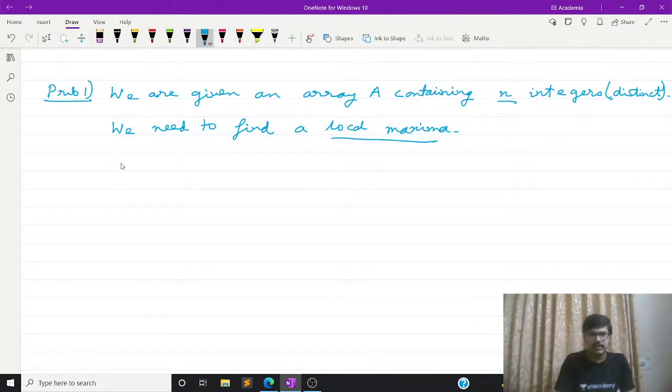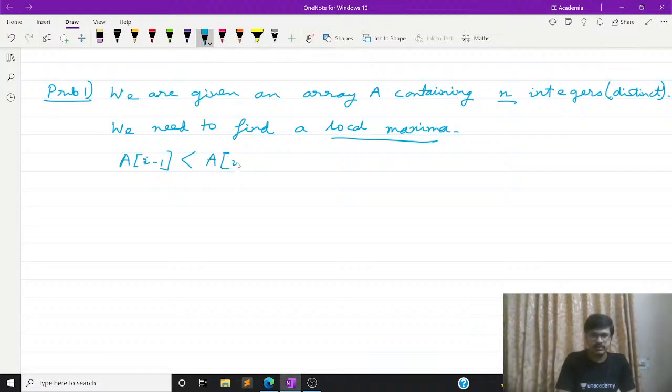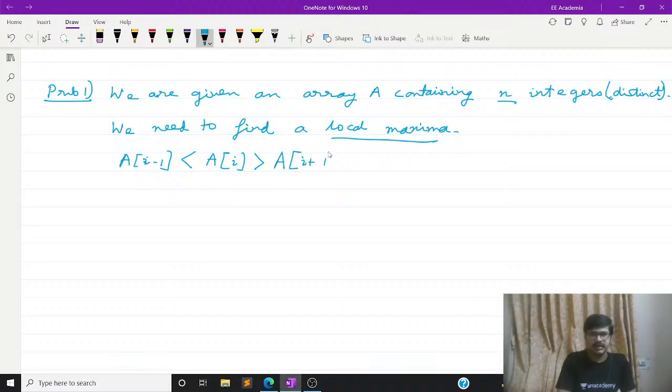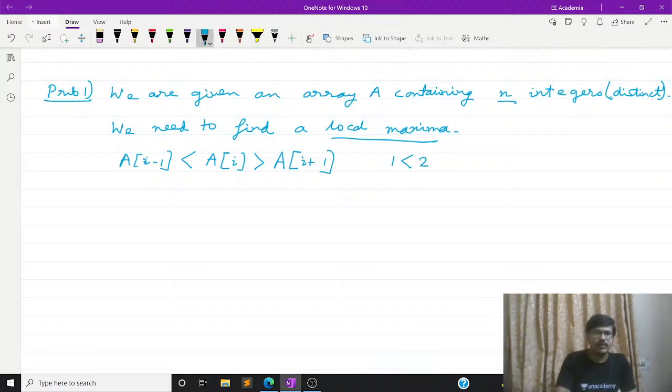A local maximum is an index i such that the previous element is less than that element, and that element itself is greater than the next element. Okay. Here, this i will lie between 1 and n.